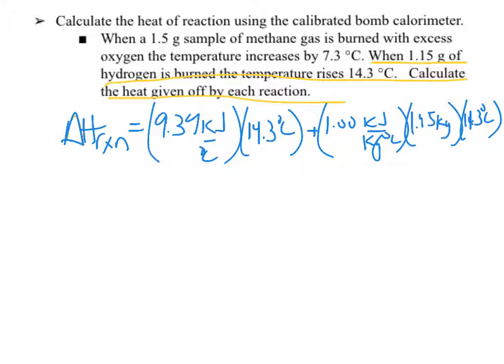The temperature change came from the problem here. I'm using the specific heat of water again, and the 1.95, which is the constant volume for this calorimeter, and the same temperature change for the water. Again, the temperature change is the same for both objects since they are in contact with each other.